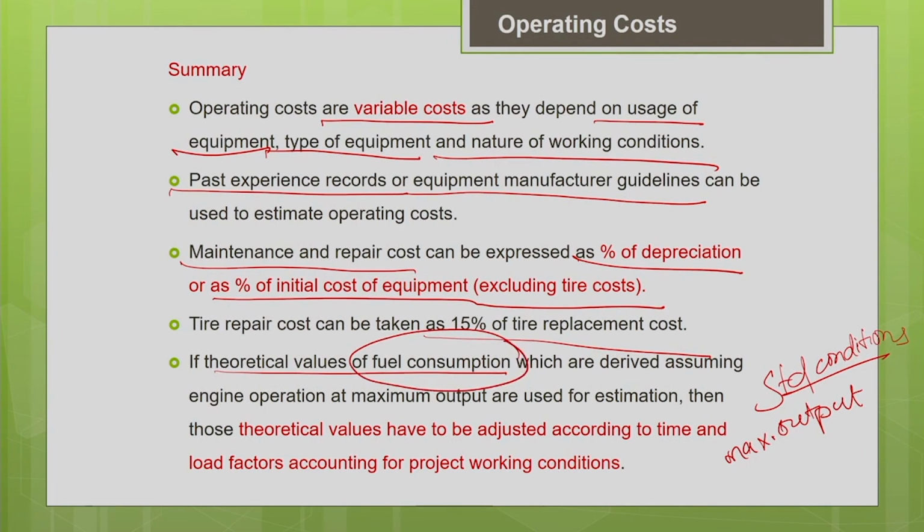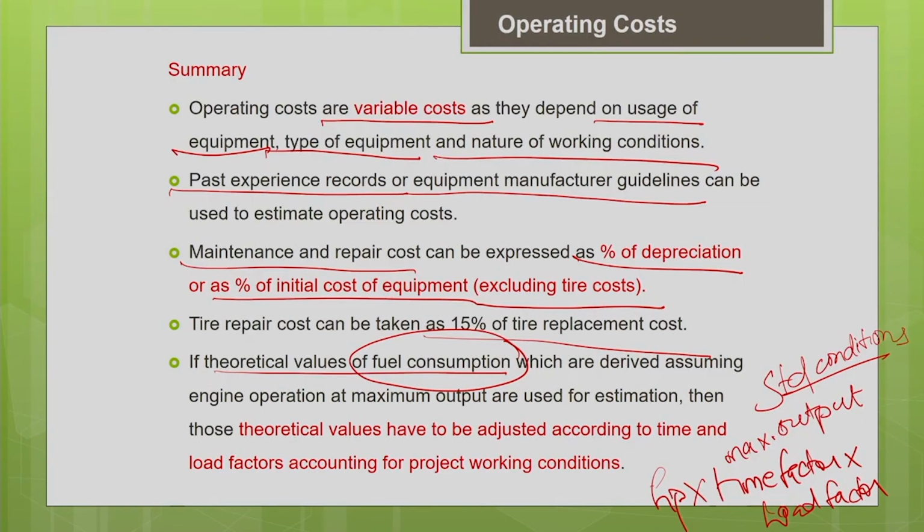So how to adjust it? According to the horsepower of the machine, you have to multiply the fuel consumption factor. And another important thing is according to the time factor and load factor, which is nothing but the operating factor. So according to your operating factor, you have to adjust those theoretical values so that they reflect your project conditions accordingly.